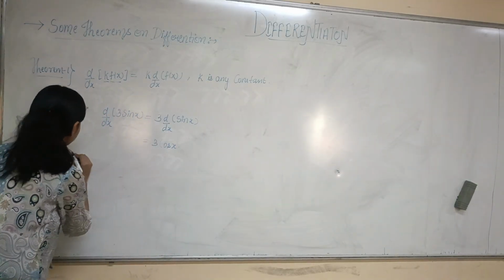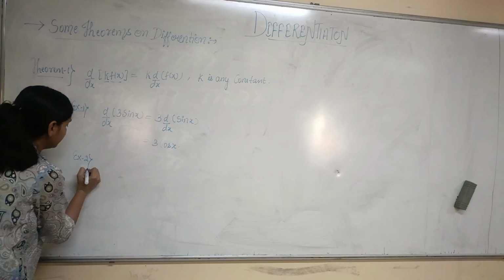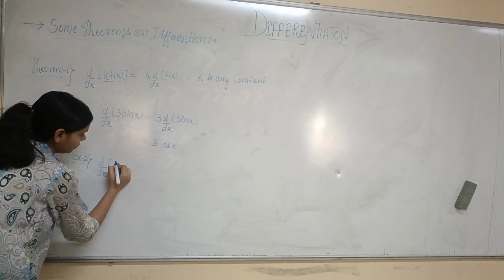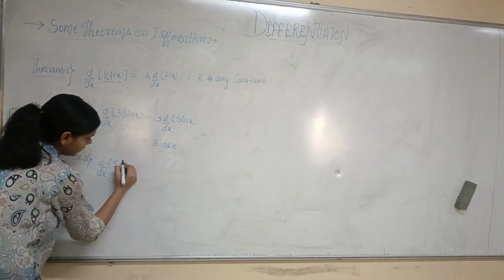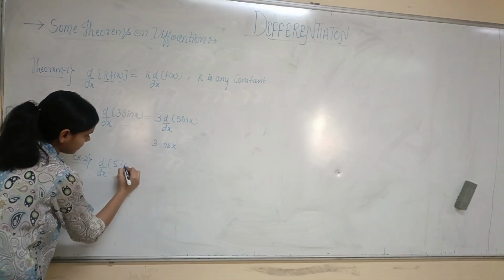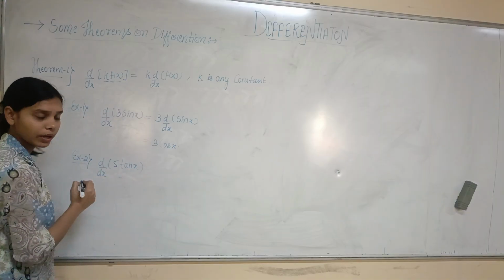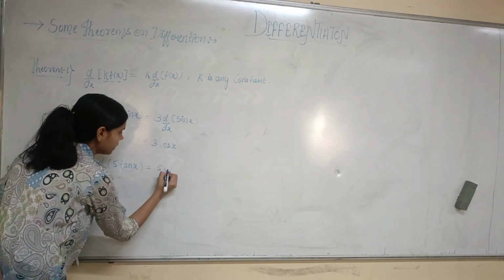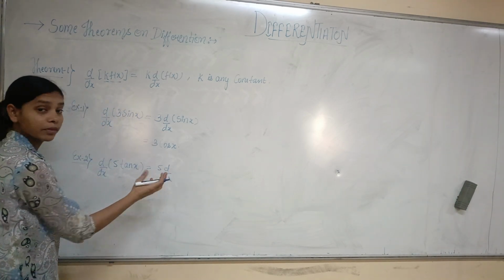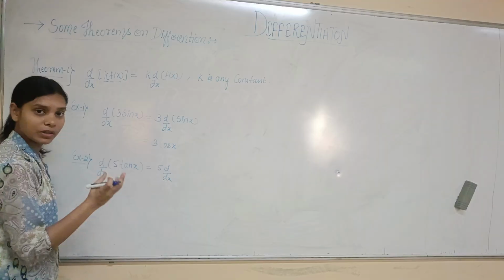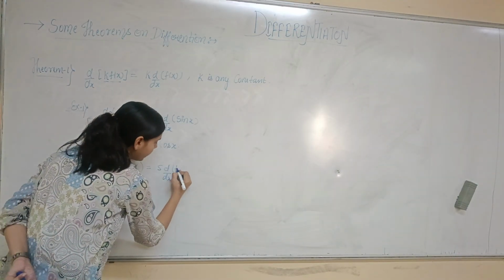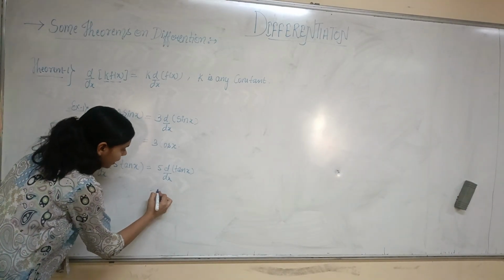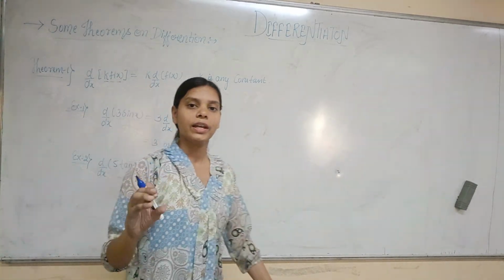Now let us take another example. Example number 2: d by dx of 5 tan x. So apply the above rule. Let us take 5 outside and d by dx of the function. Which function? tan x is a function of x, right? What is the differentiation of tan x?